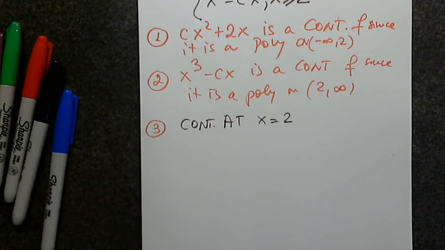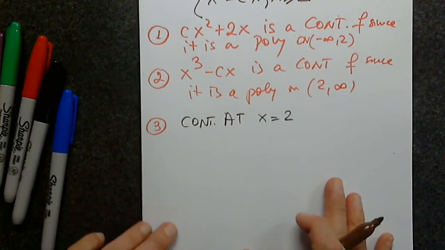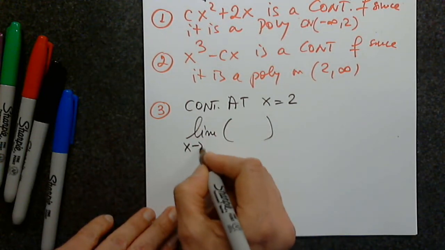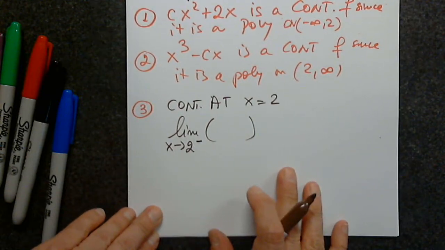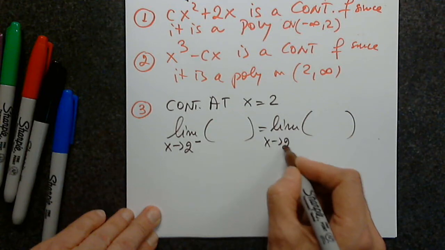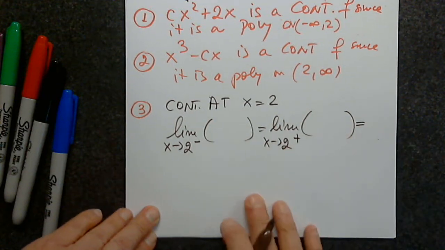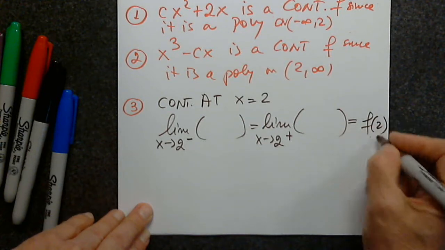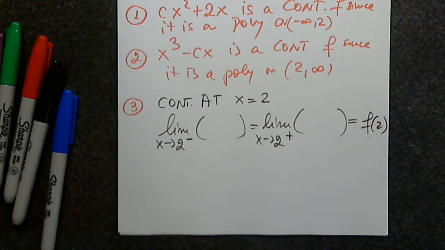But the key is what happens at 2. What has to happen at 2 is that the limit as x approaches 2 from the left must equal the limit as x approaches 2 from the right, and must equal f(2). If I create this condition and determine c from it, I'm done. The function will be continuous everywhere.